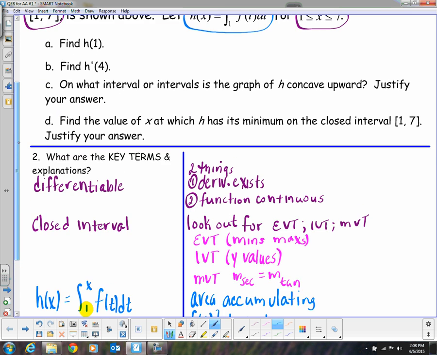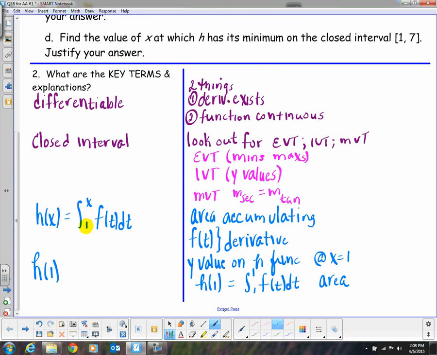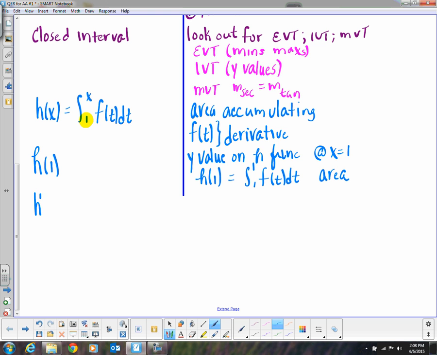All right, so now I have h prime of 4. What does h prime of 4 mean? It means I have to find the derivative of h.